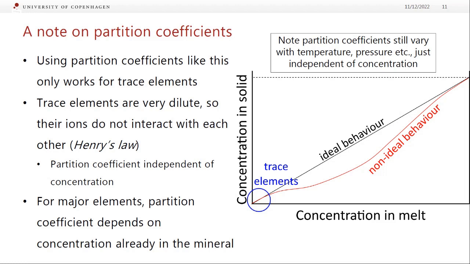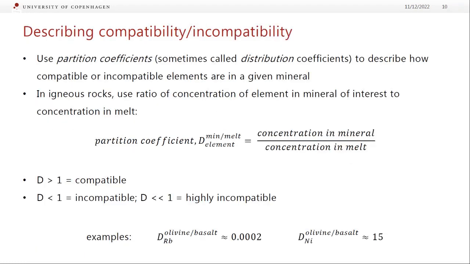The nice thing is, down at very, very low concentrations, this non-ideal behavior basically approximates a straight line because of what I was saying before, because these different ions don't interact with each other. So we increase the concentration in the melt, we're going to increase the concentration in the solid. Going back to this example here, olivine over basalt, it's 0.002.